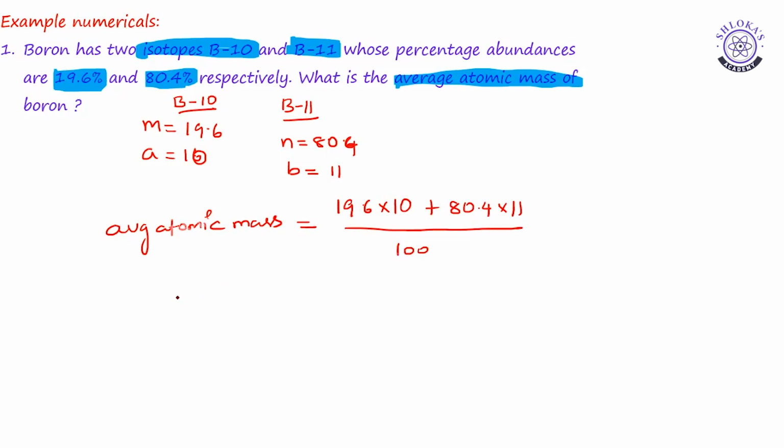On solving, you will get the average atomic mass of boron, which is approximately 10.8. This is how we can find out the average atomic mass of any element which is available in nature as isotopes.